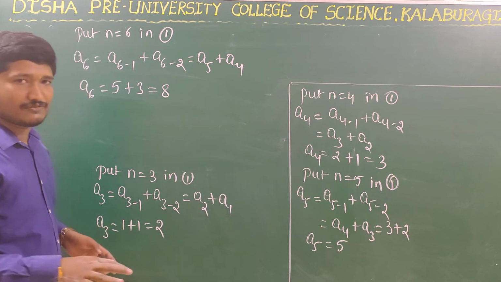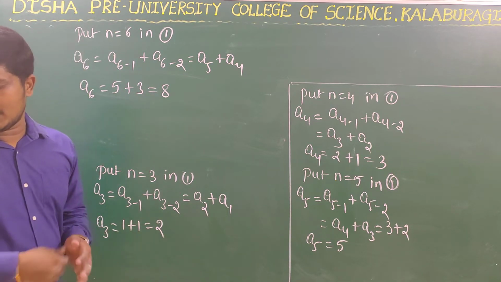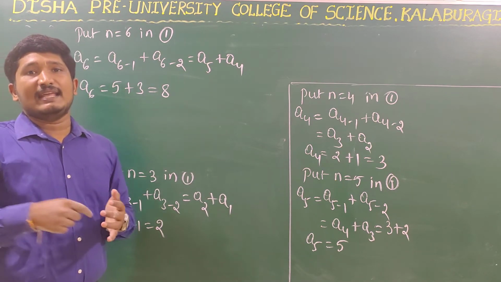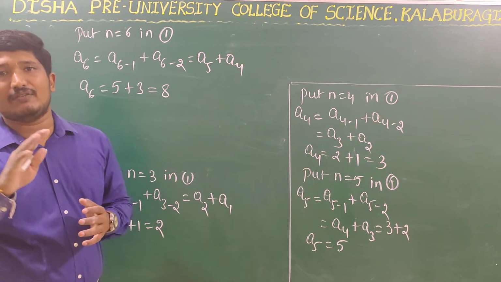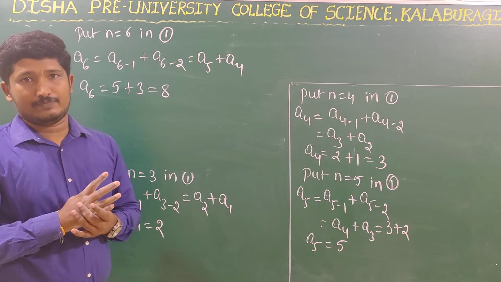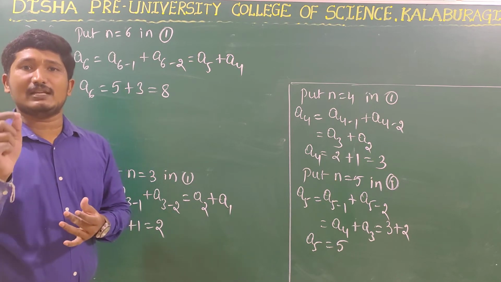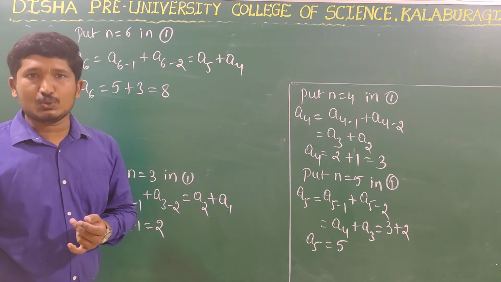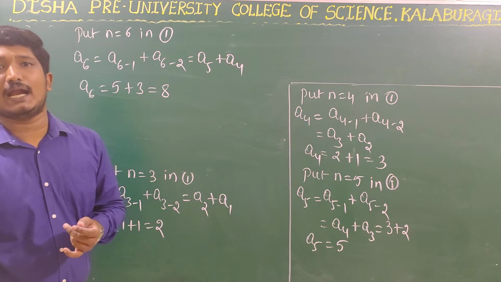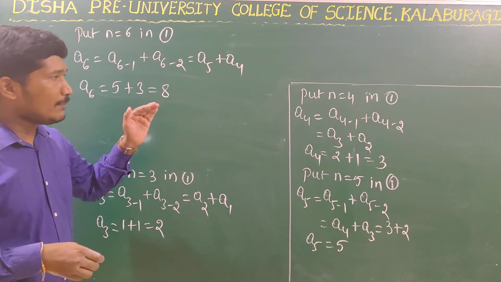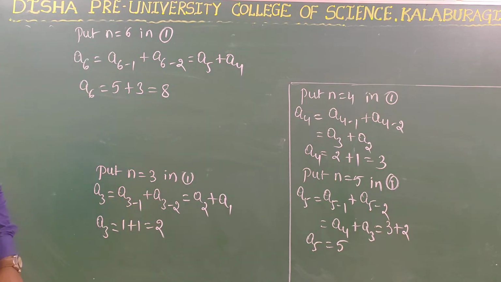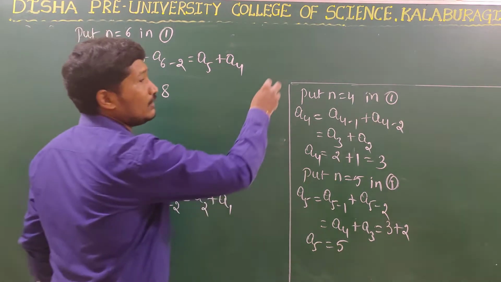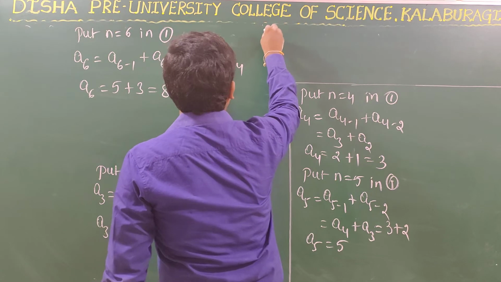So now let us find the asked question. What are we asked to find? An plus 1 divided by An, for the values of n is equal to 1, 2, 3, 4 and 5. Right? So one by one we will solve. I will write the values of A1 and A2 that we have got here.